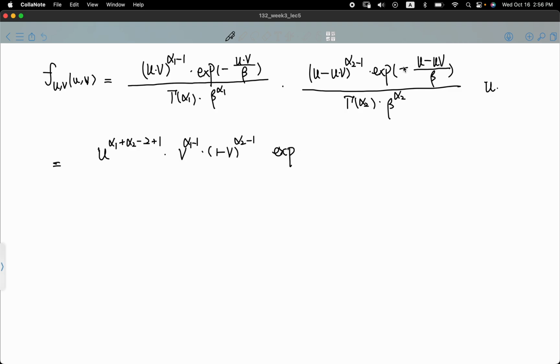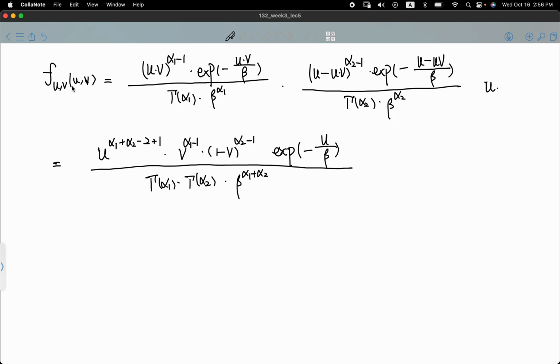We also have a plus uv over beta. So when you group them together, you only have one copy of minus u over beta. Okay, and then we have the following normalizing constant, alpha 1 plus alpha 2. Okay, so this is the joint distribution for u and v.